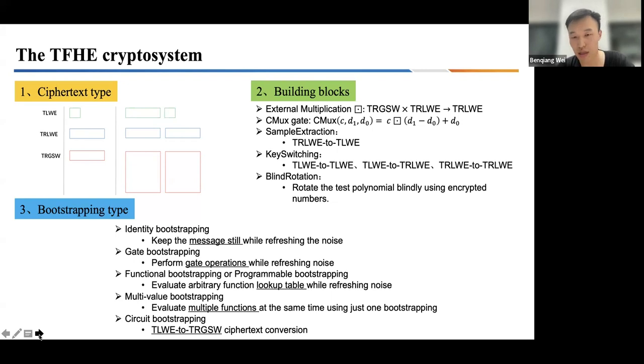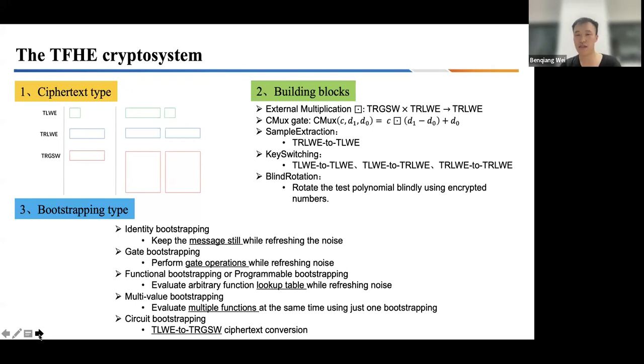And we have another very important operation, key switching. Key switching means that we can switch the secret key of our ciphertext, such as switching TLWE to TLWE, or we can pack one or some TLWE ciphertexts into a TRLWE ciphertext, and we can also switch the secret key of TRLWE.